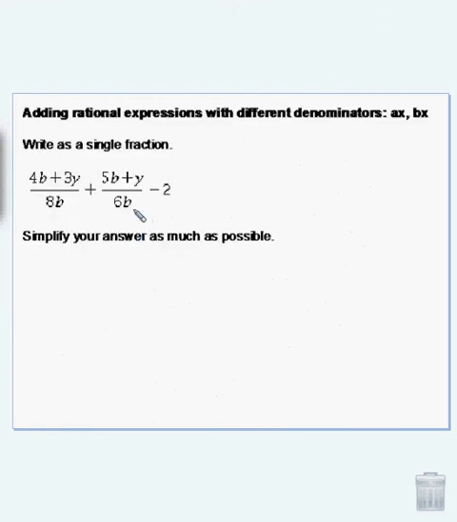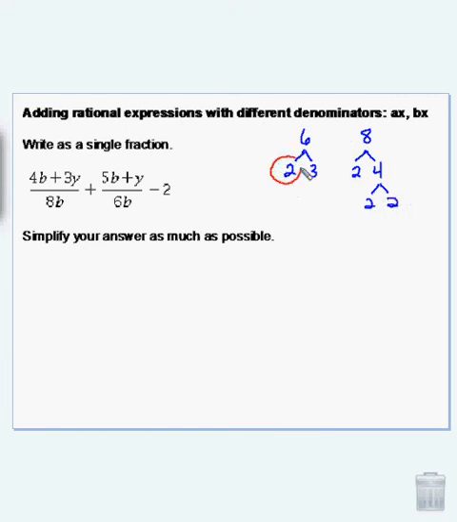With one more example. In this case I have 8b and 6b and a whole number 2. I need to find my common multiple between 6 and 8. 6 is 2 times 3. 8 is 2 times 4, which is 2 times 2.